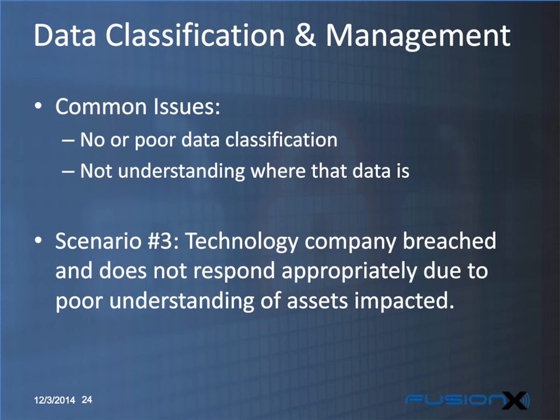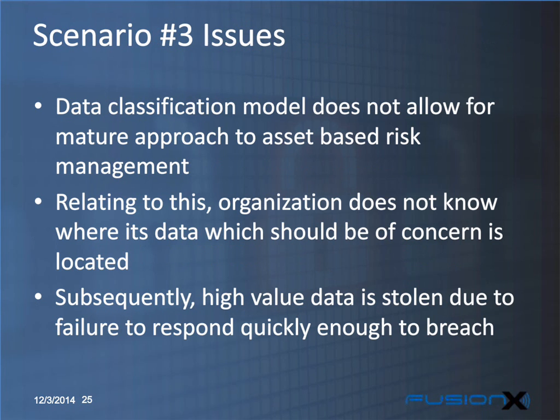So, third scenario here: a technology company is breached and does not respond appropriately, just because of a poor understanding of assets impacted. The key issues here: the data classification model didn't allow for a more risk-based approach to where that information is stored or managed. And subsequently, the high-value data is stolen because a file server is breached and it's not recognized that that server contains sensitive information, because of a failure to correctly classify.